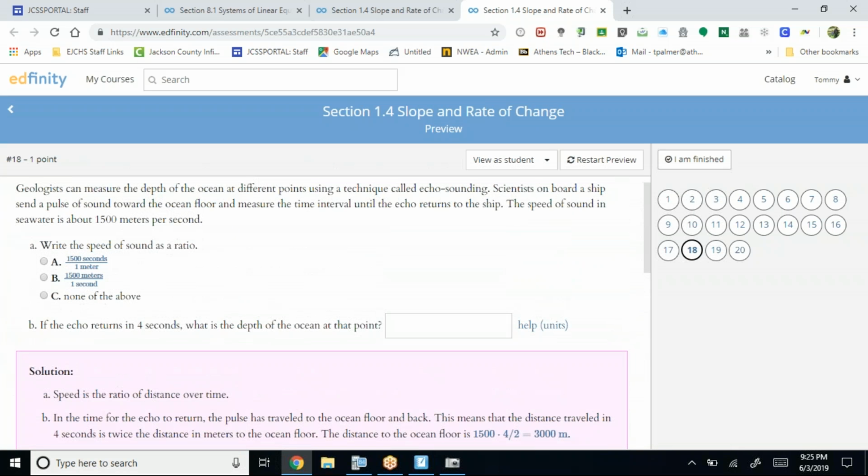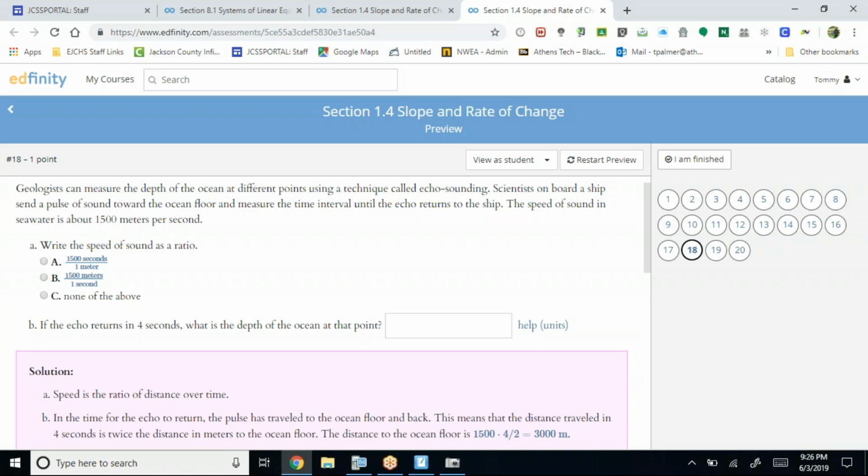Then you've got something wrong. Did you take this answer and divide it by 2? No. That's your problem. In the video I put up for this section, there's a call-out that says take the answer and divide by 2, because your distance accounts for going from the surface down to the ocean floor and back.